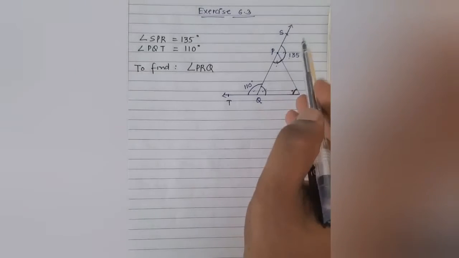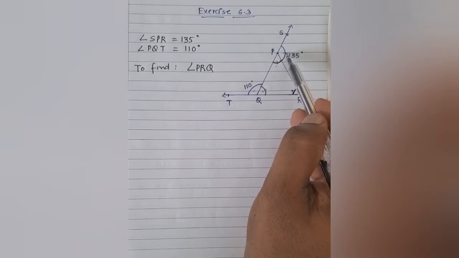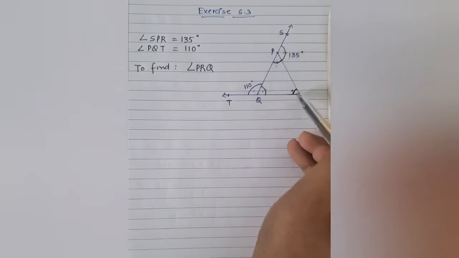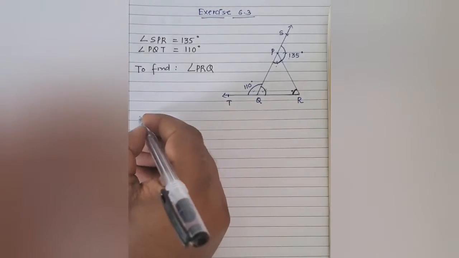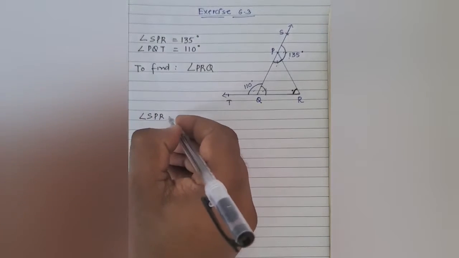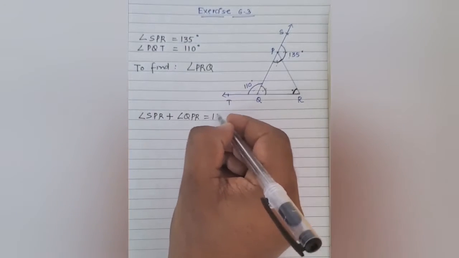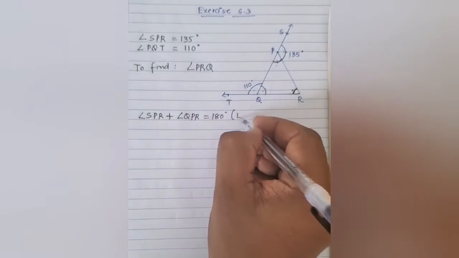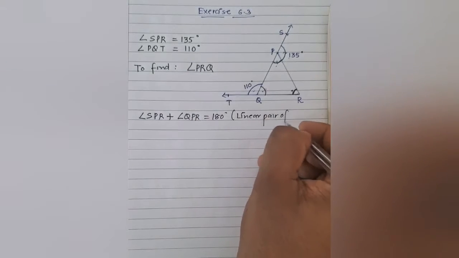So first I'll say angle SPR, which is 135, plus angle QPR should be equal to 180. What's the reason? The reason is linear pair of angles.